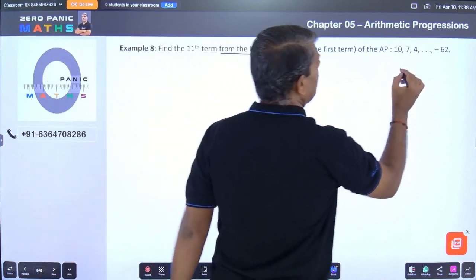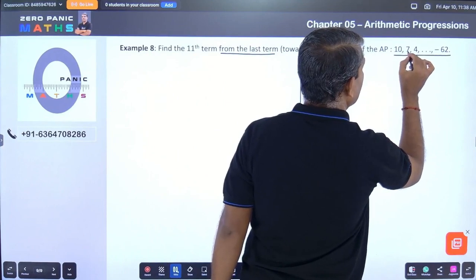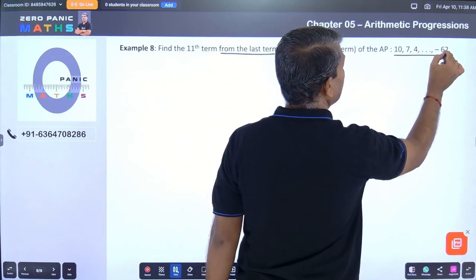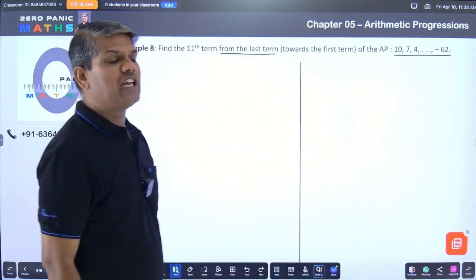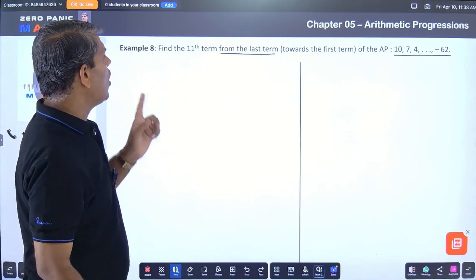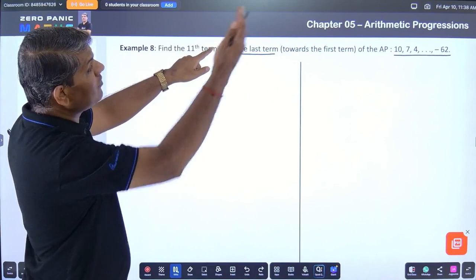Here it is given as first term 10, and minus 3 is the common difference. So 3 is getting reduced, and finally we have the an value as minus 62. What they are asking is to find the 11th term from the last.